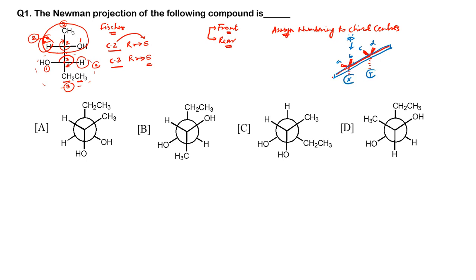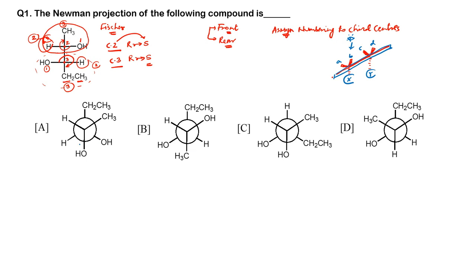Again in this case, we need to identify which part is on the left-hand side and right-hand side, and accordingly we will write the Fischer. The most important thing, to write a particular structure in this form, is to convert the Newman in a way so that we can visualize the molecule like this. So how can we do this?